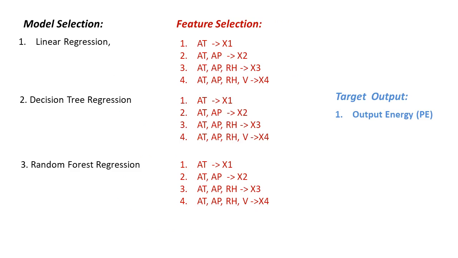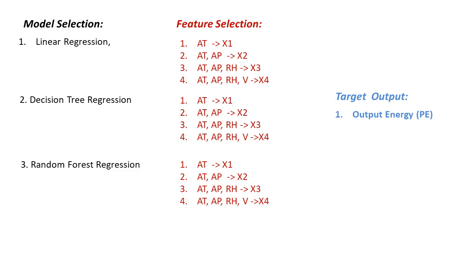Then for each model, we need to apply four iterations. X1 consists of a single feature, AT. X2 applies two features, AT and AP.